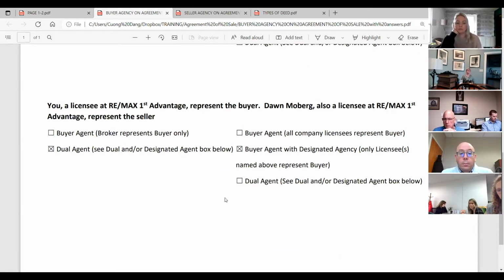Now, you, a licensee at RE/MAX First Advantage, represent the buyer, and our own Don Moberg, a licensee also with RE/MAX First Advantage, represents the seller. So on the left side, RE/MAX First Advantage represents both the buyer and the seller in this case. So RE/MAX First Advantage is the dual agent.